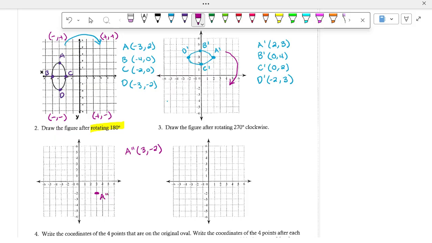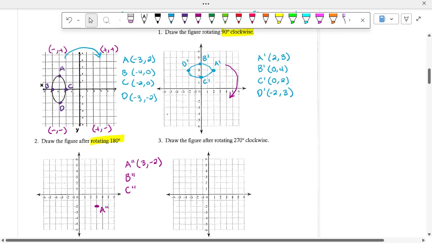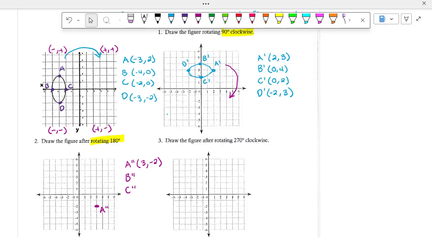All right. What about B and C double prime? So they're on the y-axis currently. And if we want to go 90 degrees, where will they end up at? Right, so they'll end up on the x-axis, and it'll be on the right side of the x-axis.